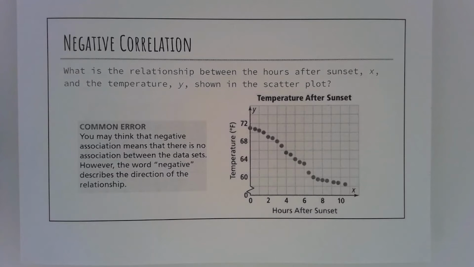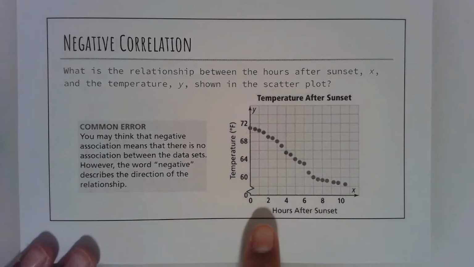Next, we have negative correlation. What we have here is we are looking at the relationship between the hours after sunset, X, and the temperature, Y, shown in the scatter plot. All right, so we can see here, and just think even in the real world, when the sun goes away, what typically happens to the temperature? Well, it gets colder. The temperature drops.